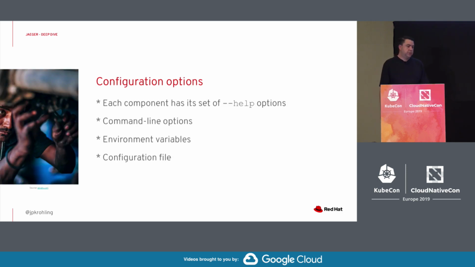Jaeger can be tweaked or configured. We have a lot of options there, and it's pretty much impossible to fit all those options in only a couple of slides. So for every component, we have a help option. With the binary or the Docker image, you just pass the --help option.